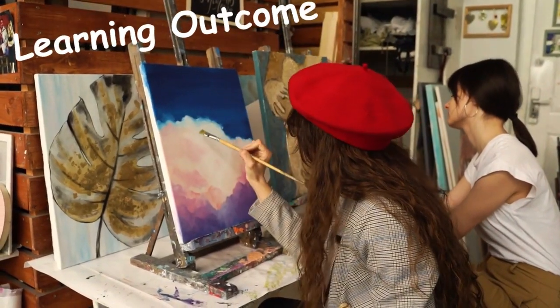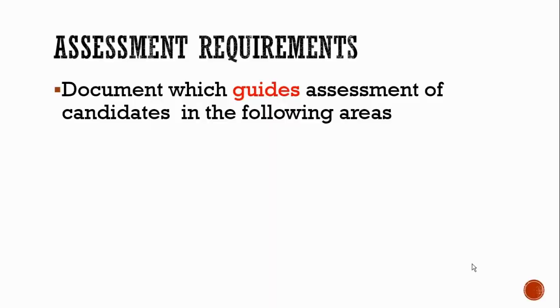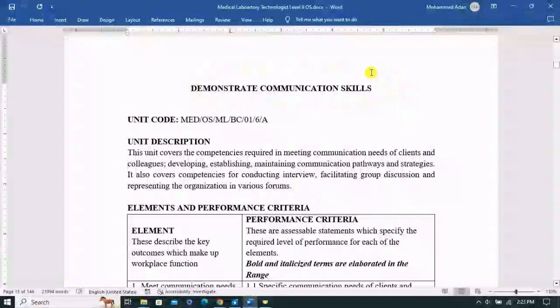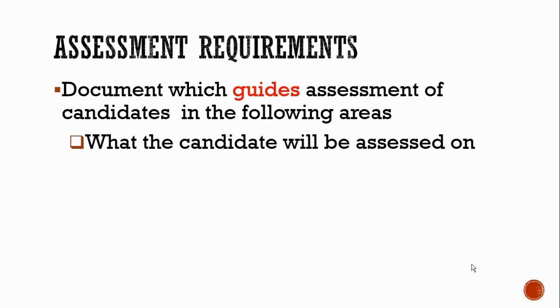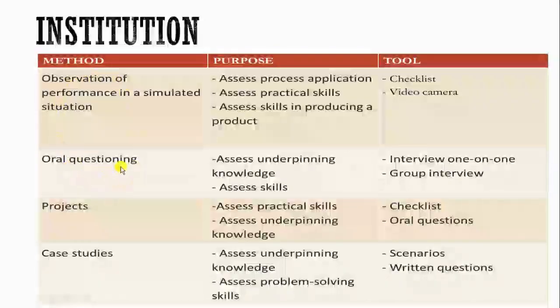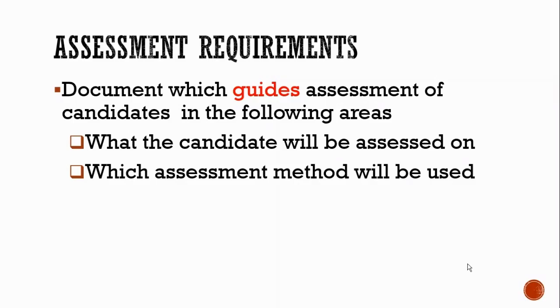And therefore, the specific areas that the assessment requirement guides on: one is what the candidate will be assessed on, and that addresses the unit of competency. Two, which assessment method will be used, and we did talk about different assessment methods. So the assessment requirement is going to outline which assessment method will be used for that particular unit of competency that needs to be assessed.